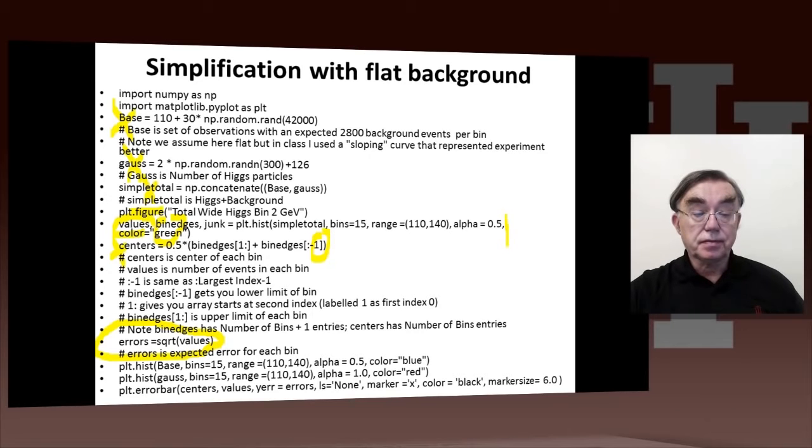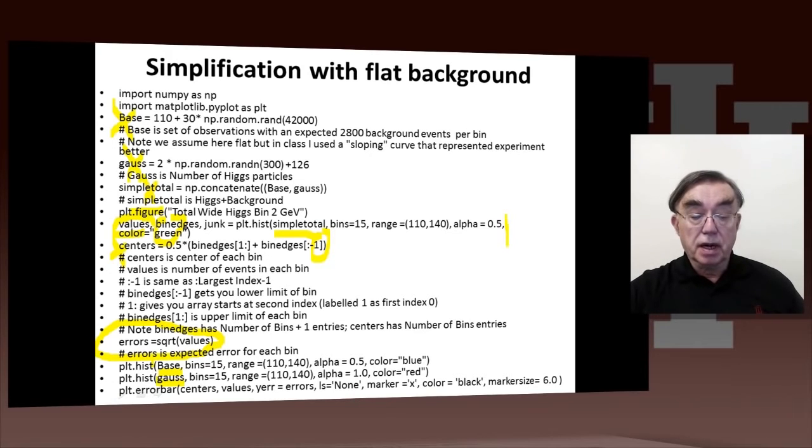And here we add some more stuff to our histogram. We plot not just the total. Here's the total, simple total. We call it simple total because it's not a sloping background. Here we plot the base, the background. Here we plot the Higgs, the Gauss, and here we plot the error bars.